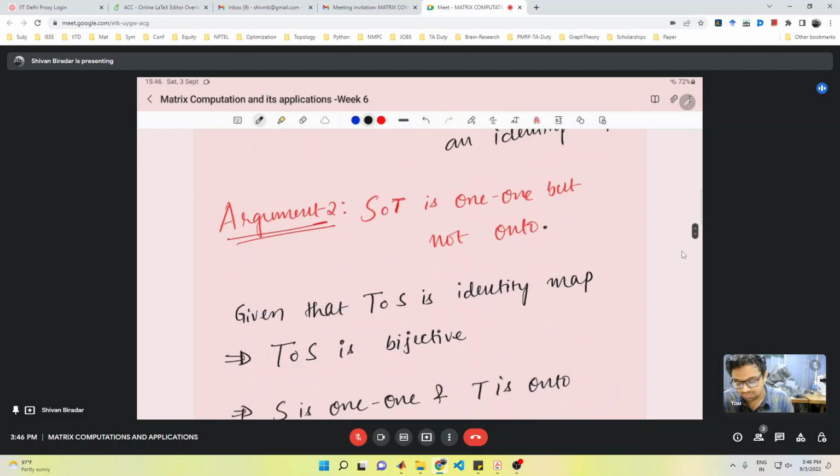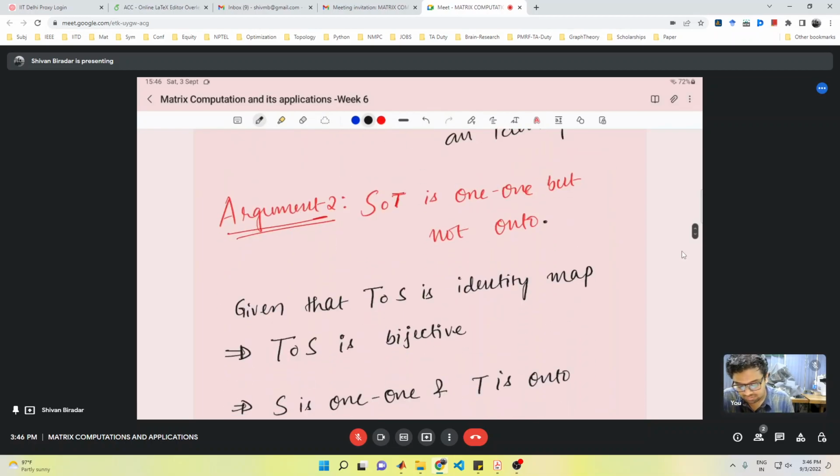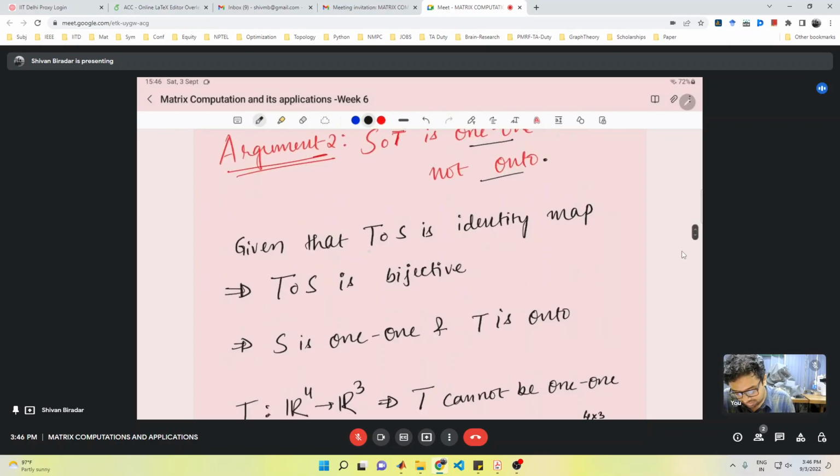Now let us jump onto the other argument, which says that S composition T is one-one but not onto. It is given to us that T composition S is an identity map. So this implies that T composition S is bijective.